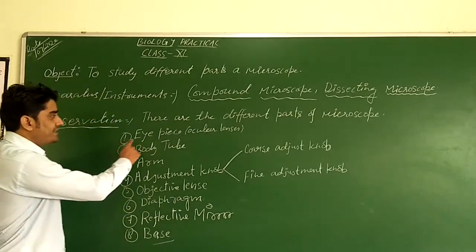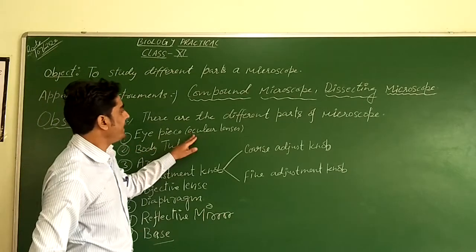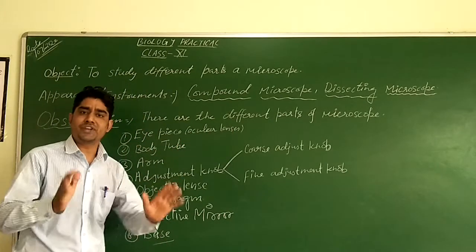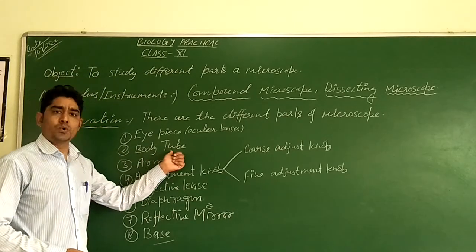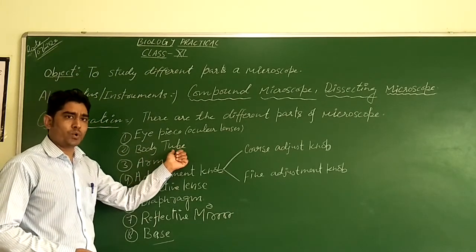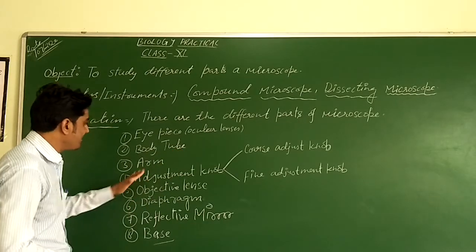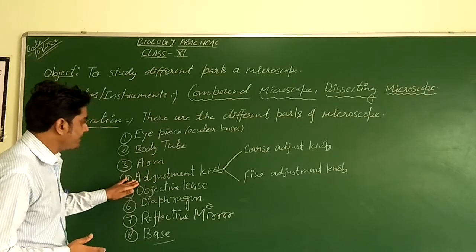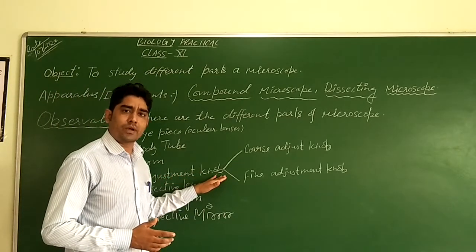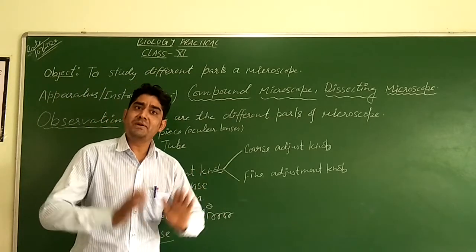Okay, students, this is the eyepiece, or we can say the ocular lenses. Now the second is the body tube. The third one is the arm. The fourth one is the adjustment knob.